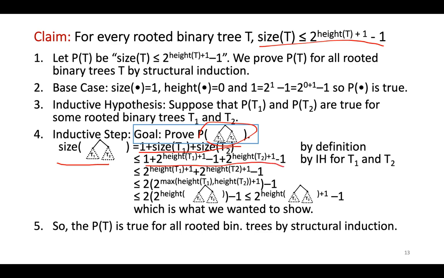by the inductive hypothesis. So if we simplify that into this, anyway, we don't know about T1 and T2, so maybe if we take the bigger one, that will definitely be greater or equal to this term.